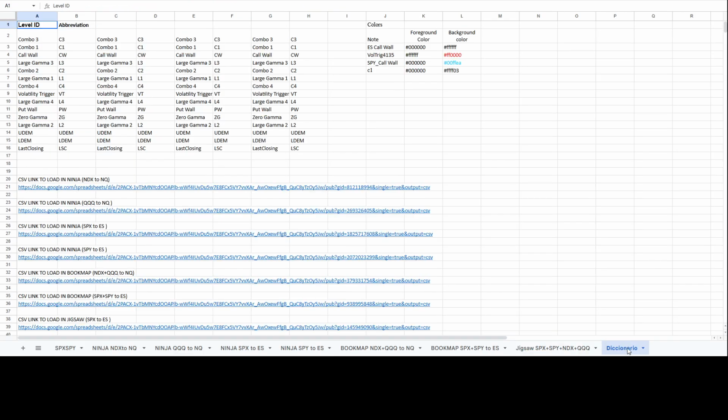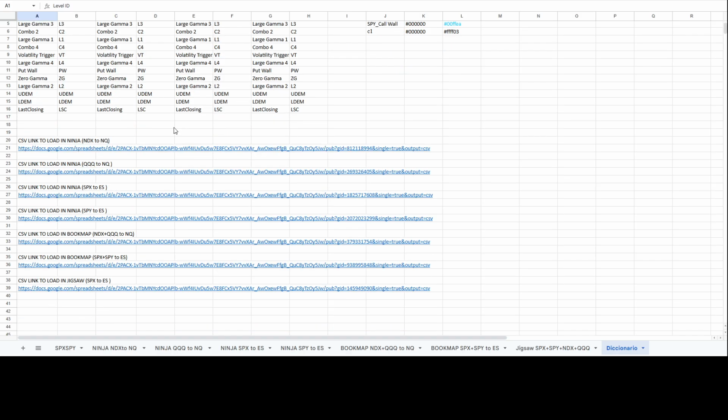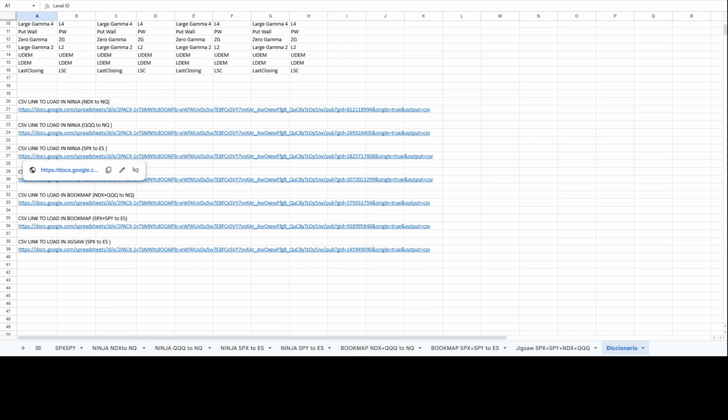And here in the dictionary, these are all the links that you can use to load all the information, SpotGamma and my own parameter calculation, in your platform, using these CSV links. For example, these 4 links are for Ninja, these 2 are for Bookmap, and this is for Jigsaw.